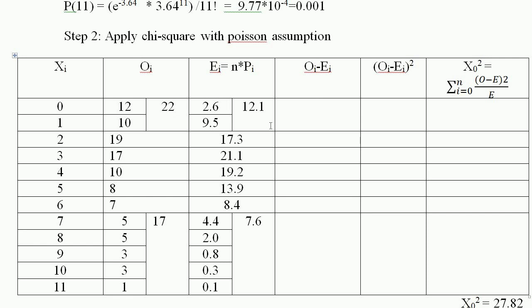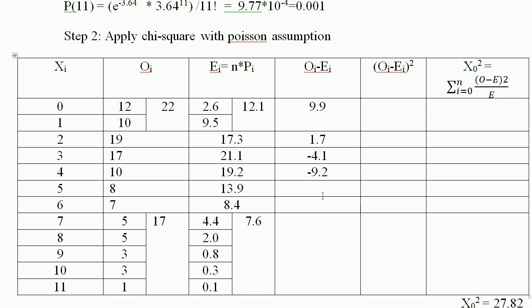OI is nothing but 22. 22 minus 12.1 is 9.9. Again 19 minus 17.3 is 1.7. Again 17 minus 21.1, you are going to get a negative value, that is minus 4.1. The next value, 10 minus 19.2, negative here also, it is minus 9.2.